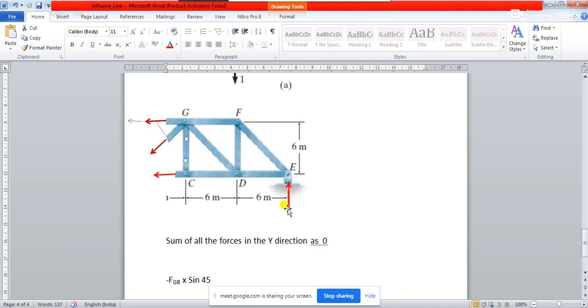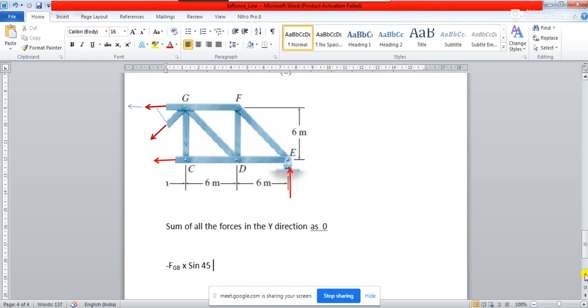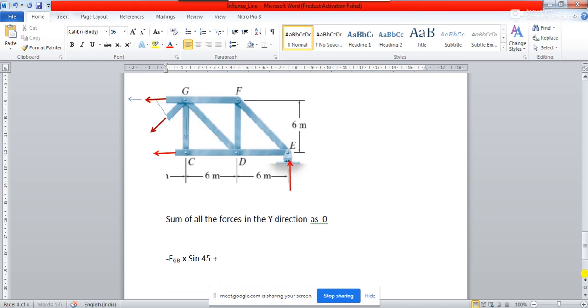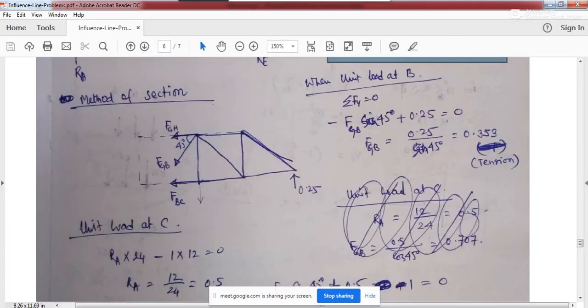And what is the upward vertical force acting? This is actually nothing but your reaction at E, which we have calculated. What is the reaction at E? Yes, 0.25. So that should be equal to 0, isn't it? Now let me go back to the handwritten solution. See, this is what we have done: summation of Fy equal to 0.